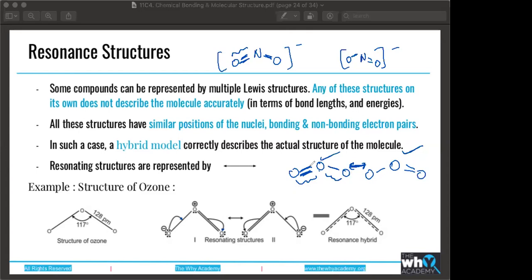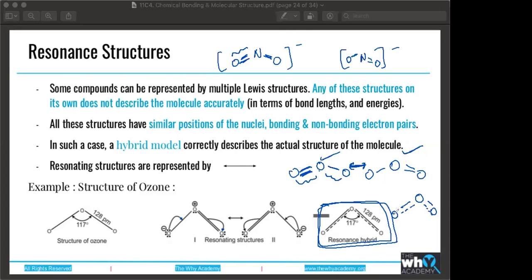It's not like this shifting of the electrons is happening in real time. You can't detect that in one nanosecond it's like this, and in the other nanosecond it's like that. That is also not true. The electrons are constantly delocalized. In real life, it exists more like this, where a single bond is there with either of these atoms, and there's a partial double bond nature with both of these atoms.